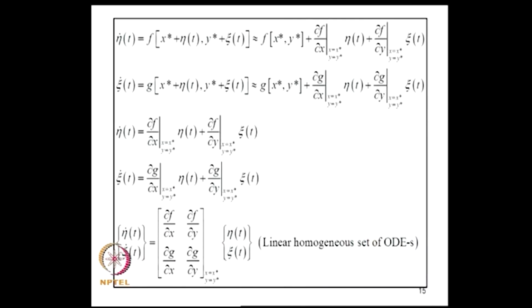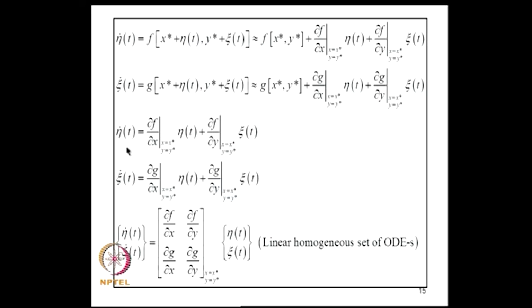So, if we now perturb using Taylor's expansion, we have f of x star comma y star plus the gradients with respect to x and y for the functions f and g. Now, we know that for fixed points f and g are 0: f of x star, y star is 0, g of x star, y star is 0.